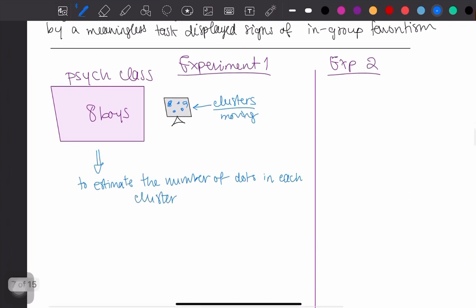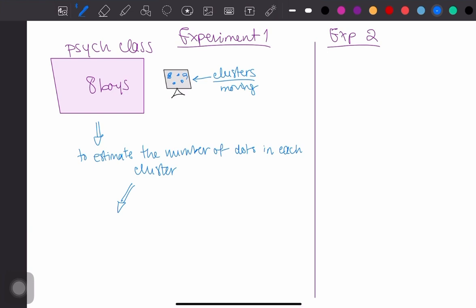Once they did that, they were divided into 2 groups: the overestimators and the underestimators.